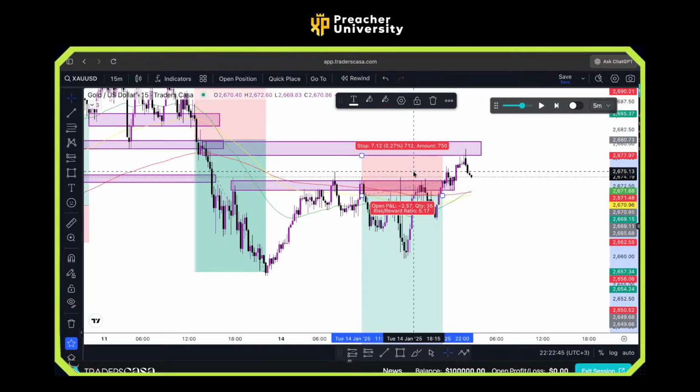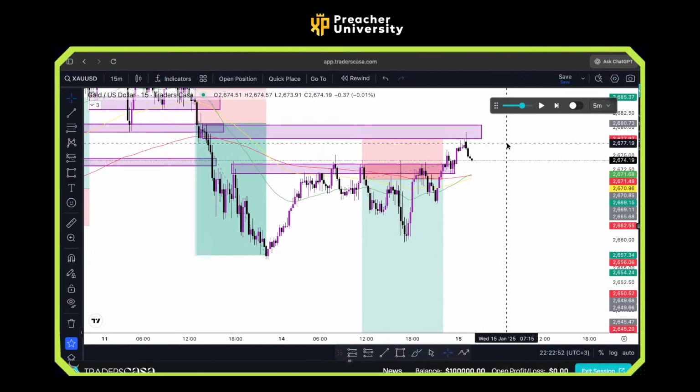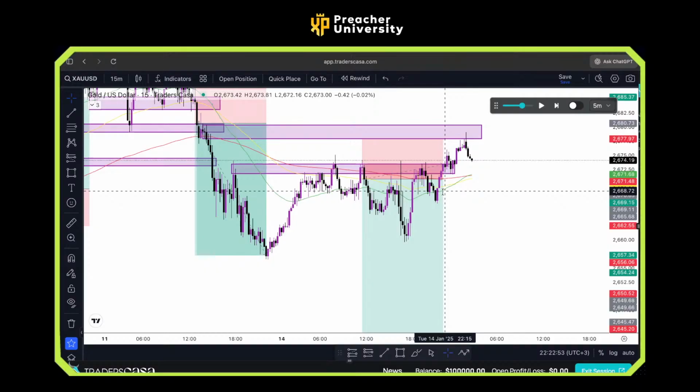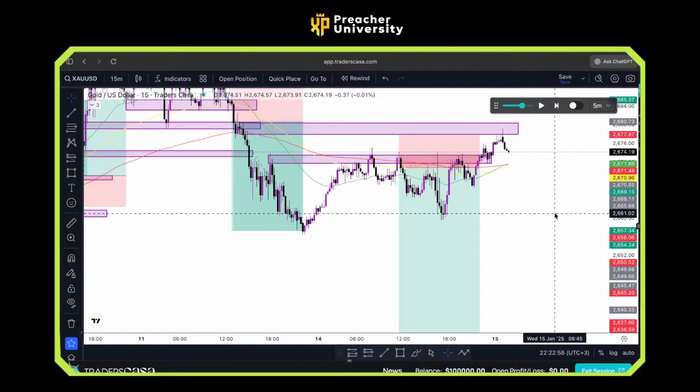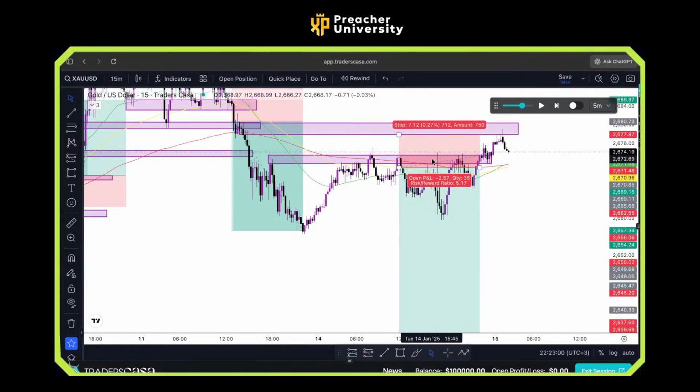So if we were risking, let's say, $1,000, we would be in a loss of like 250 and would be out of that trade. And even before getting out, we would have seen that this market was already stalling from it.